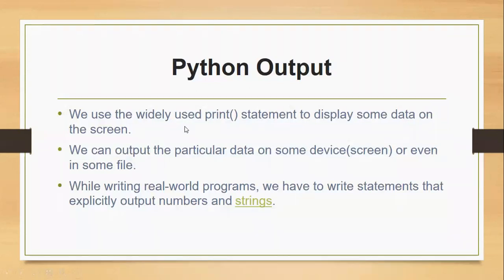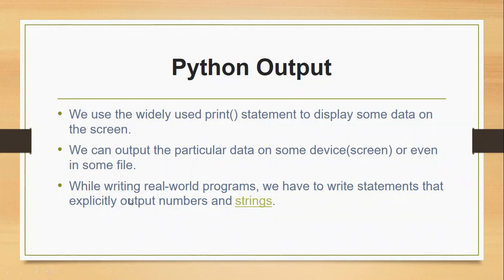We widely use print statements to display some data on the screen. We can output the particular data on some devices like the screen or even in some file. So it doesn't have to be the screen. You can put it in some file so that you save it and even take it to a different machine.